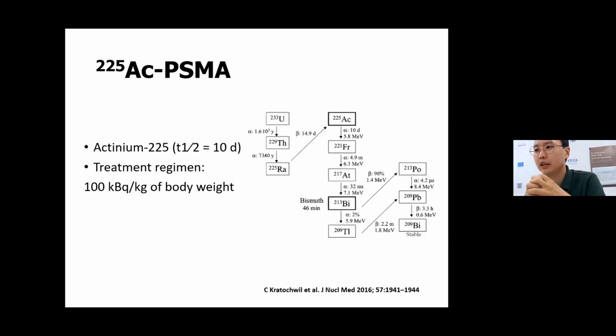So there has been a need for a new therapeutic agent, a new therapeutic strategy, to reduce this kind of toxicity. And so actually there is an attempt using alpha particles, labeling the PSMA with actinium-225.